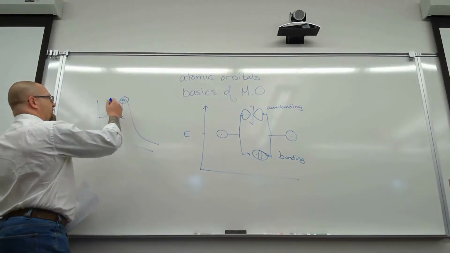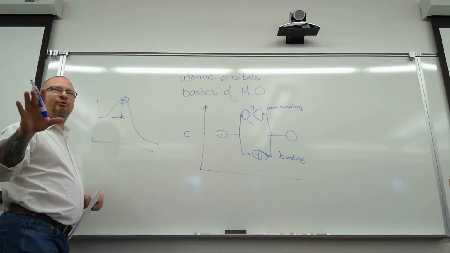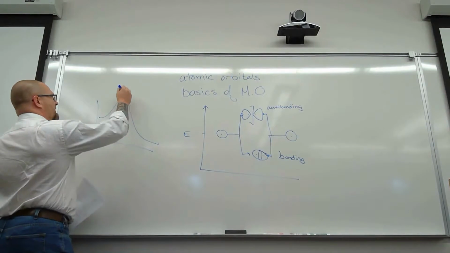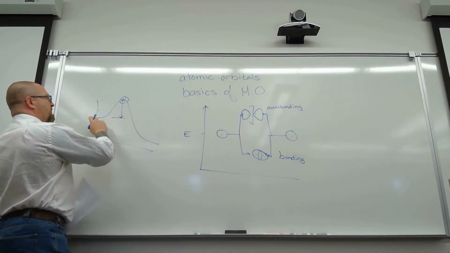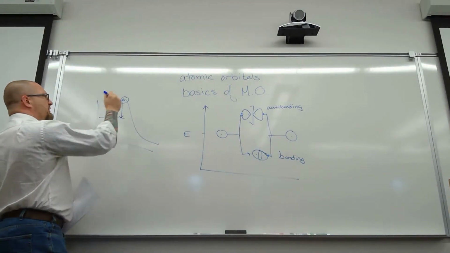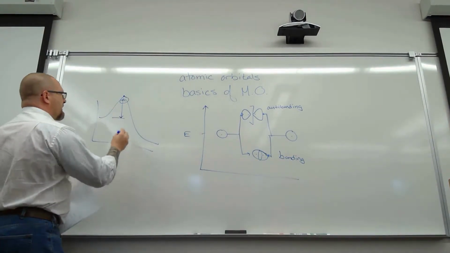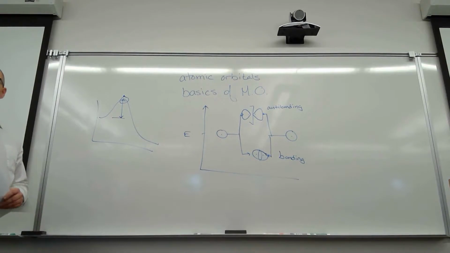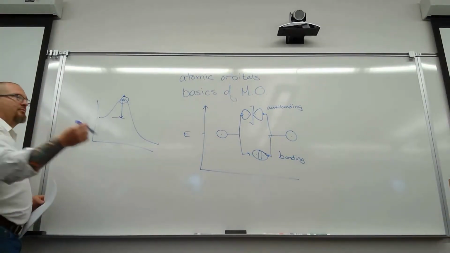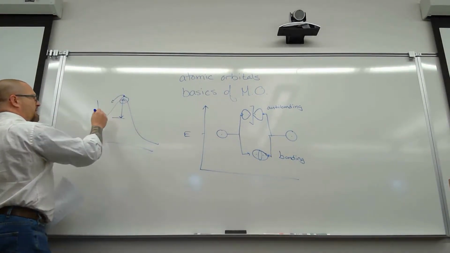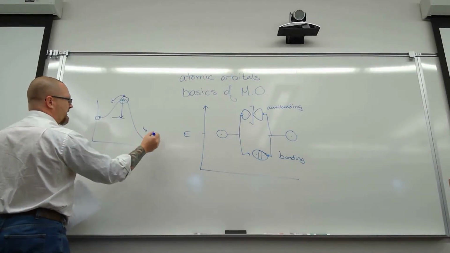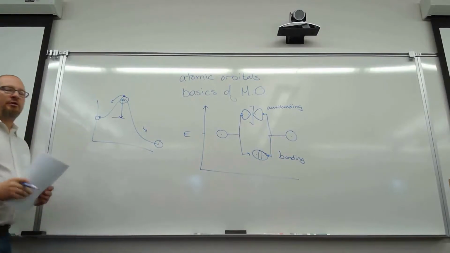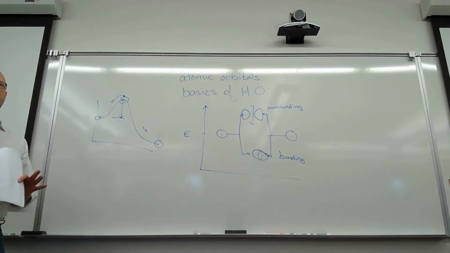Well, we'll go down this path again, but if you have enough energy in your environment to push a system to here, it always has the opportunity to go one of two ways. It can go back to where it started, or it can go this way to a more stable product.